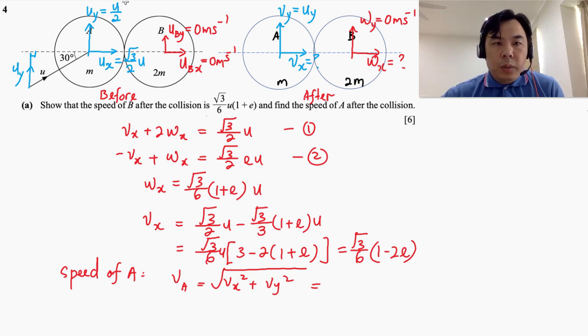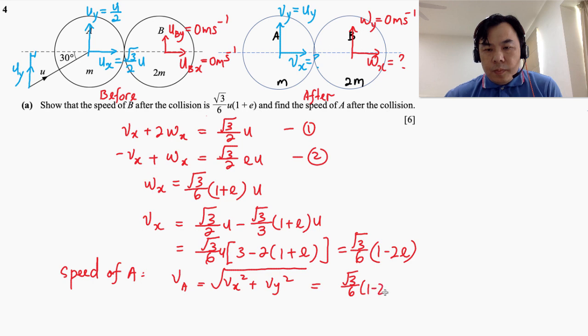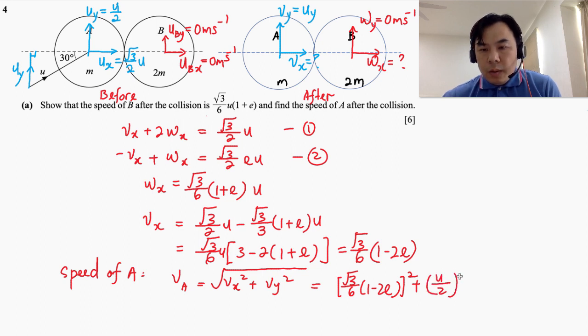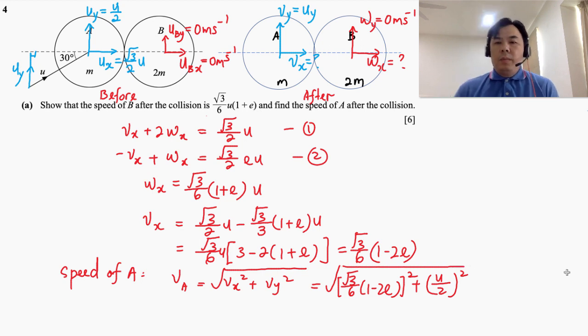Then therefore that will be half u here. So therefore I'm going to put this one in. Square plus half u squared. Square root that. All right.